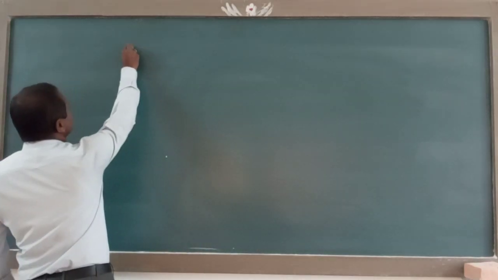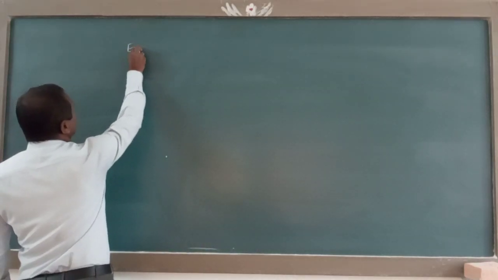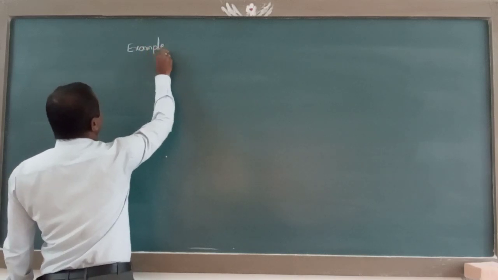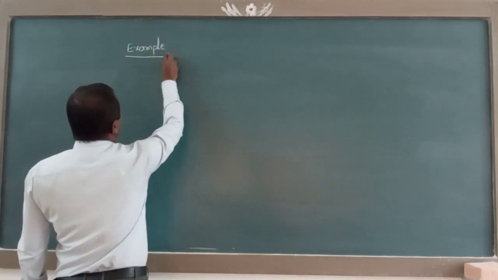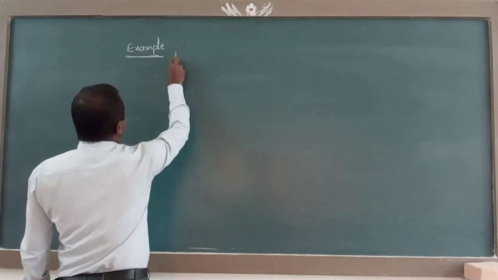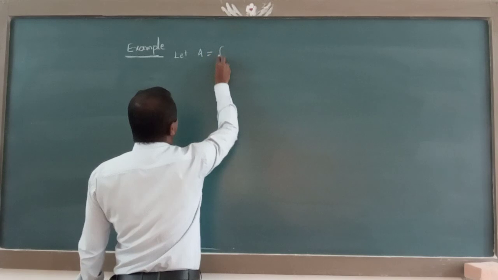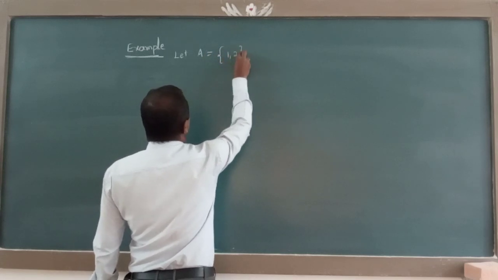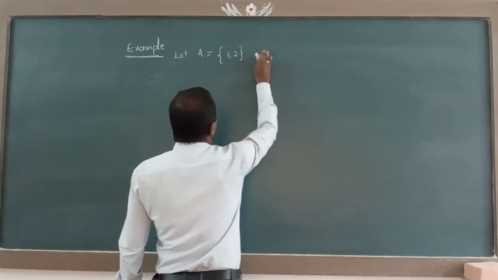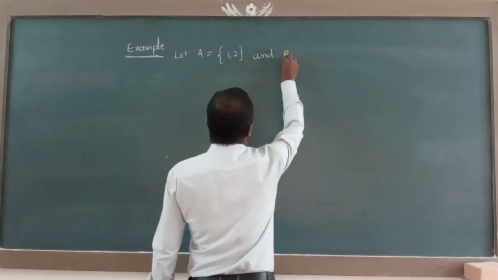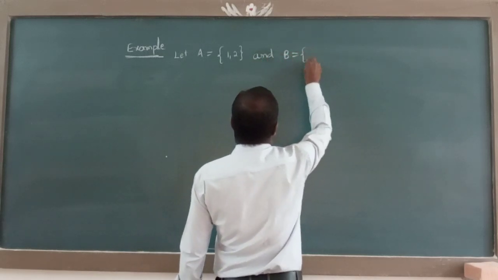Example for inverse relation. Let A be the set of the elements 1 comma 2, and B be the set of the elements 3 comma 4 comma 5.